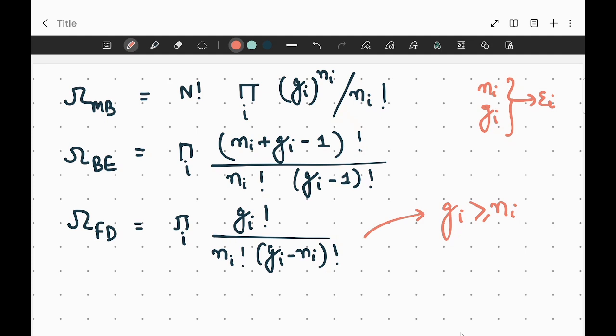It may be 0 or 1. So now you can guess what is the maximum and what is the minimum among these three.